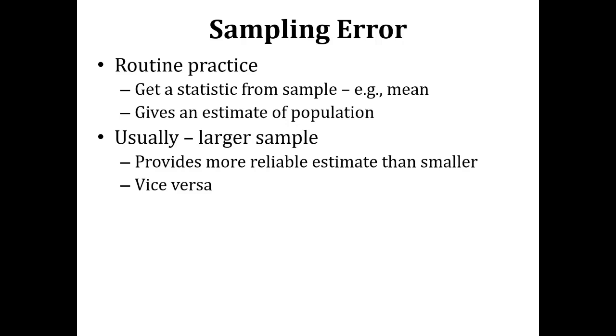So usually when we go for sampling, if we collect larger samples, they are going to give us a better estimate of the population mean as compared to smaller samples, right? And this is quite obvious, because if you have a large population and you're going into the field, and let's suppose you have taken observations from 15 individuals.